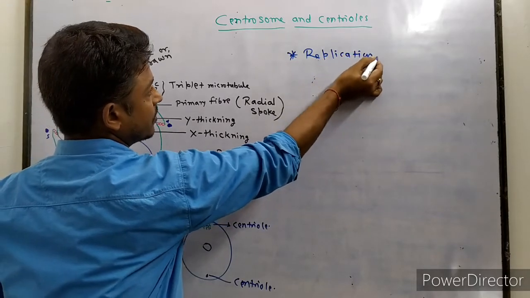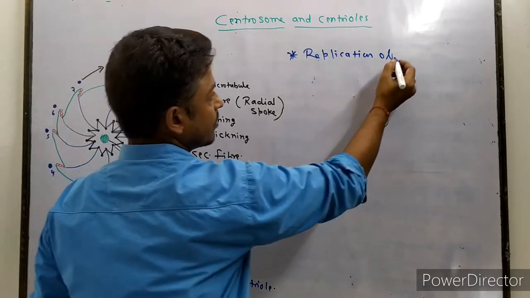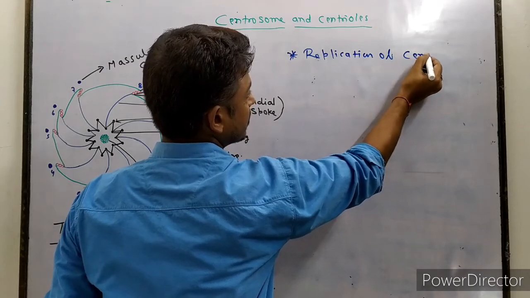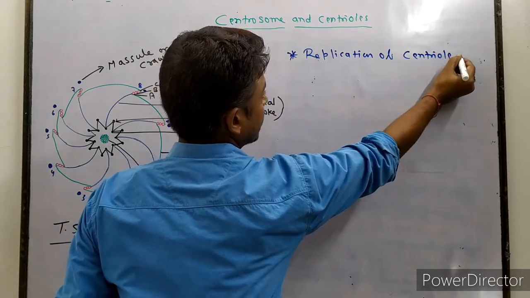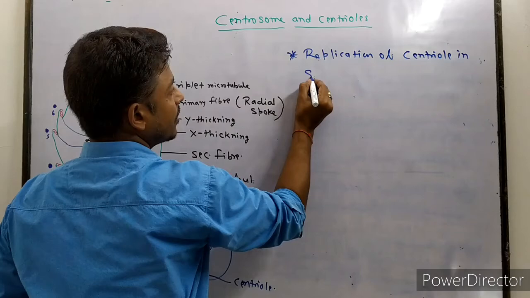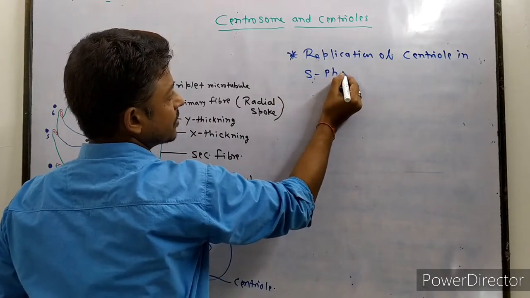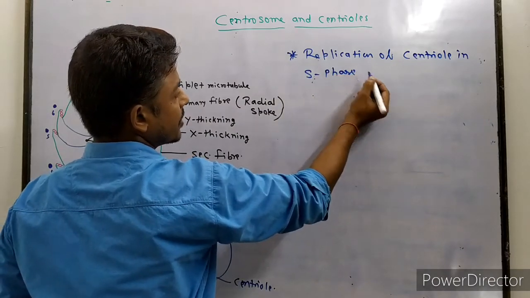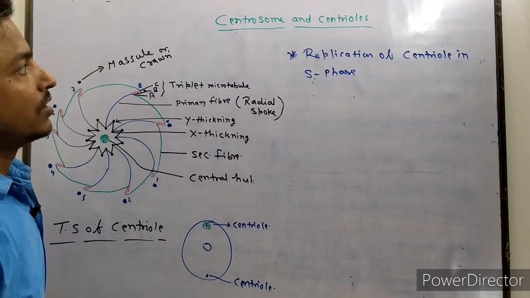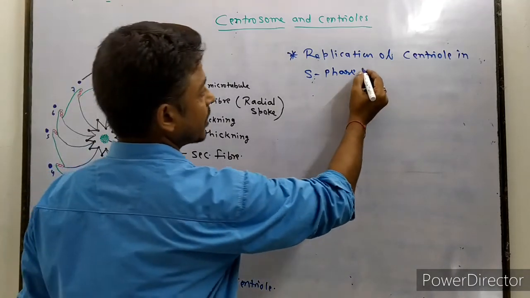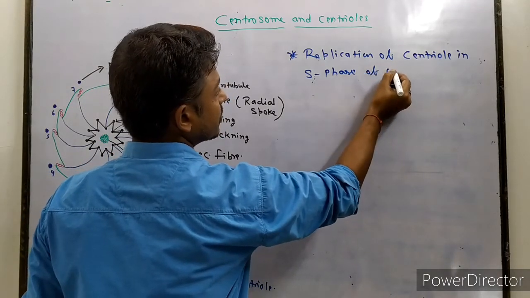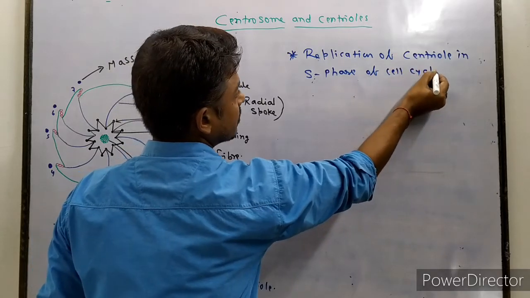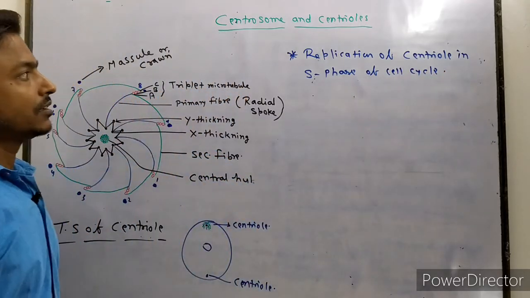Next, replication of centriole occurs in S phase of the cell cycle.